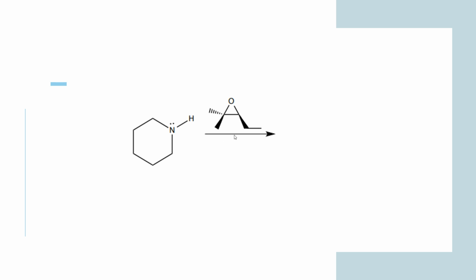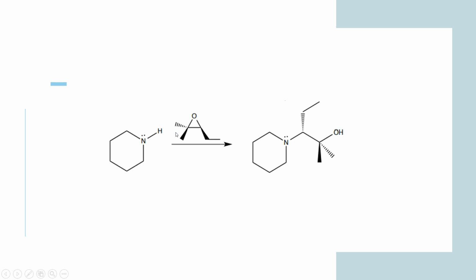I hope you are already guessing it correctly. Yes, you are not given any acidic medium here, so like we saw in the previous question, this nitrogen atom will attack from the least sterically hindered side, and after it donates its electron pair, the oxyanion will form.